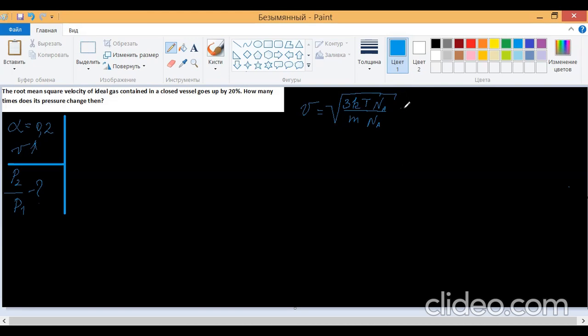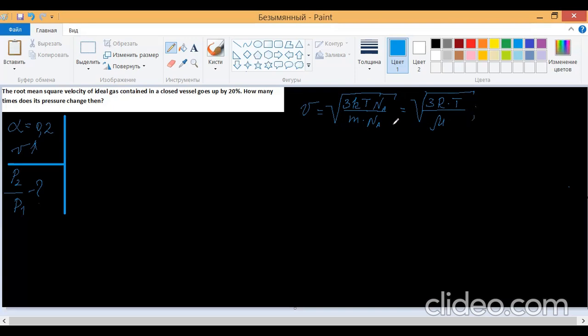In this case, the multiplication of Boltzmann's constant by Avogadro's constant gives us the gas constant R. So we've got 3, it remains 3, R times T. And the multiplication of the mass of one molecule by the Avogadro constant gives us the molar mass of the gas, mu. Okay, now it's a bit better.